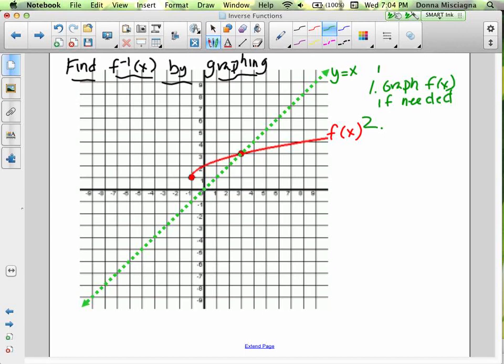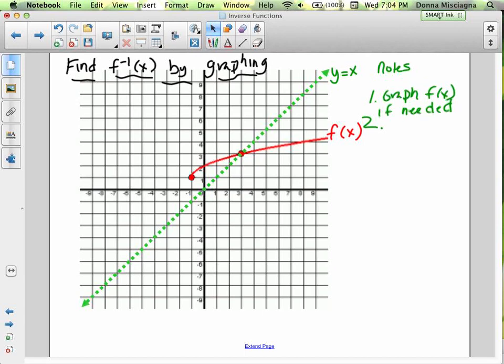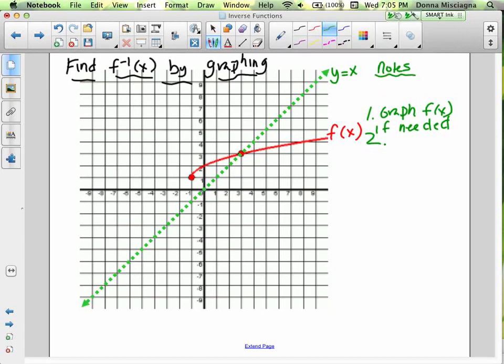All right, so let's put little notes here. These are the steps to graph our inverse, f inverse.